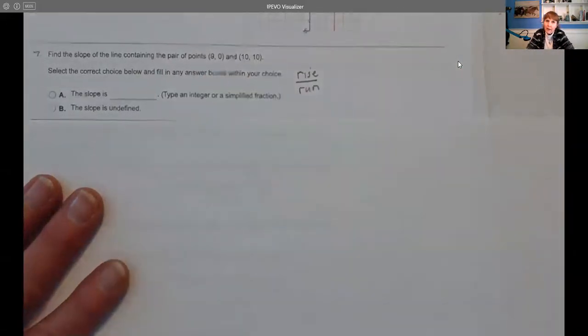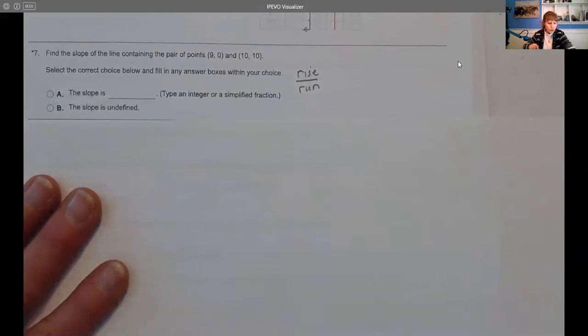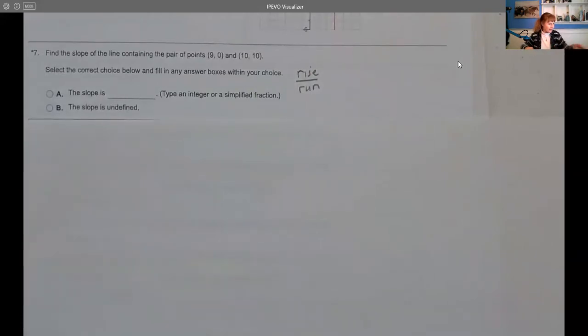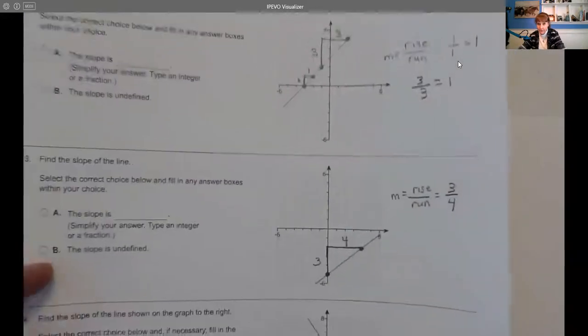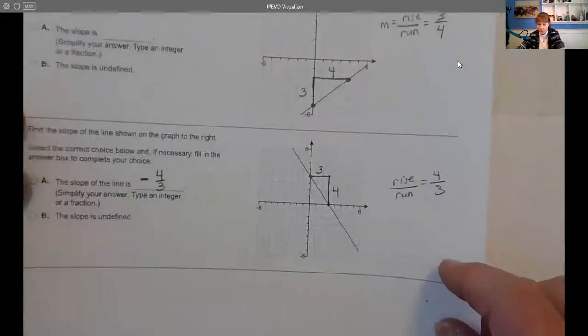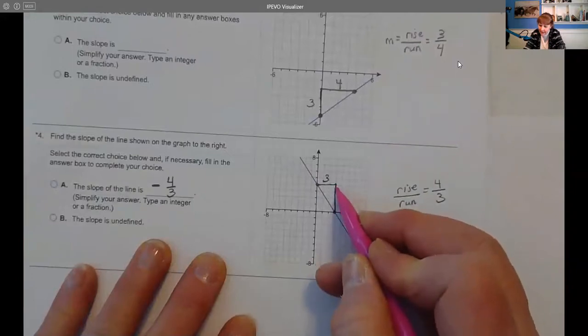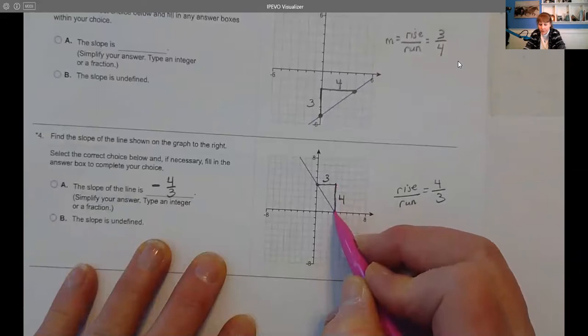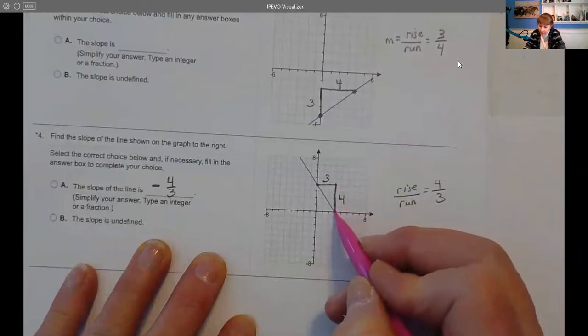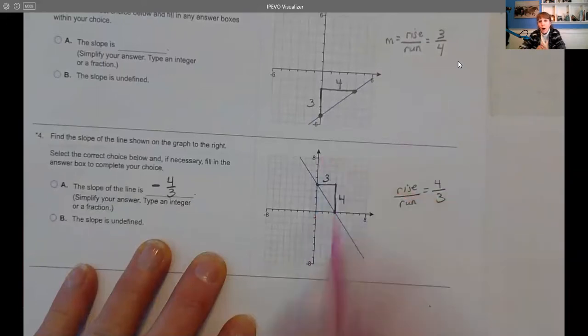Well, in order to find the rise, now, if you'll notice when you're doing the rise, okay, let me look at this one. The rise is the distance here of the y values. So in order to find the rise, you're dealing with the y values of the points.